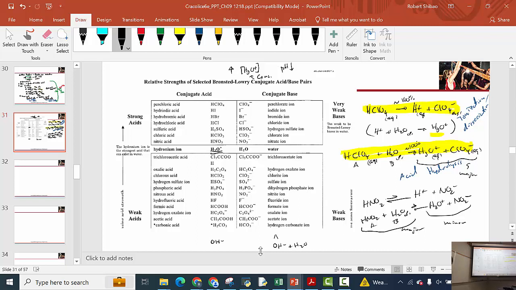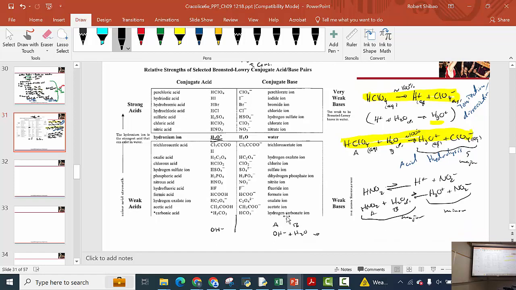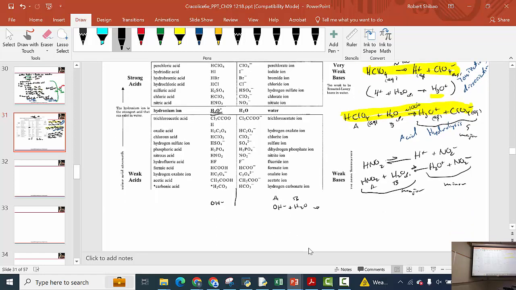Now, we're going to treat hydroxide as the acid here, and water is the base. What forms here? Could hydronium form? Yeah, hydronium forms, right. Hydronium and what else? And O2 minus, oxide.